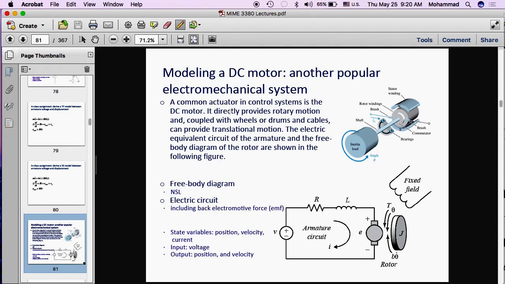We are going to write Kirchhoff's law for the electric side, but we are also going to take advantage of the law of motors to find out how much torque is created in the motor. Clear? Now imagine this. I told you if you have a conductor in a magnetic field and you pass current through it, what will happen?